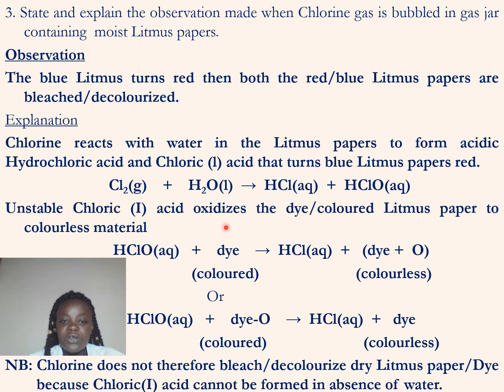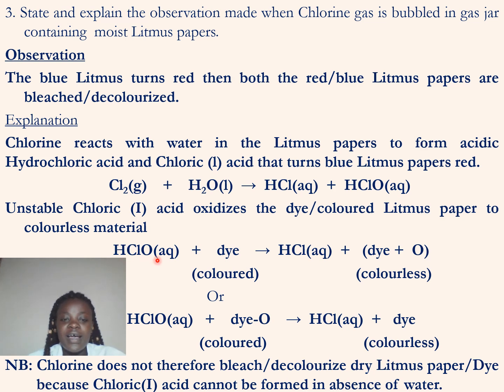This is the equation when chlorine gas, we have seen that, reacts with water to give us hydrochloric acid and chloric 1 acid. Then the unstable chloric 1 acid oxidizes the dye. So the dye is the colored litmus papers in our case, to colorless material. So it bleaches.